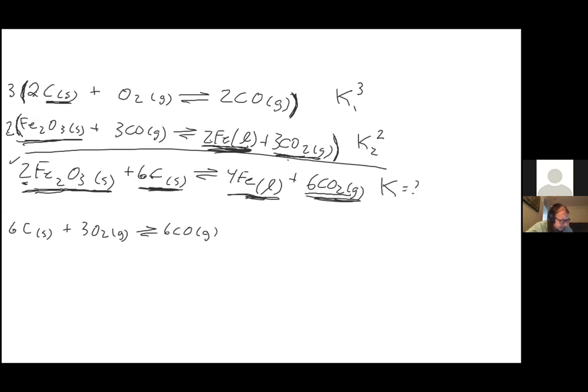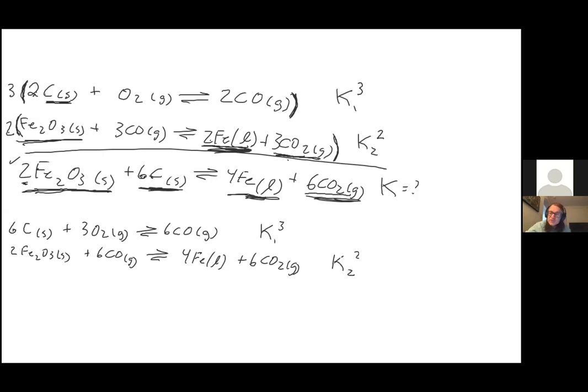And then that's going to be K1 cubed, right? And then let's do the second one, 2 Fe2O3 solid plus 6 CO gas gives us 4 FeL plus 6 CO2 gas. And then that's going to be K2 squared.